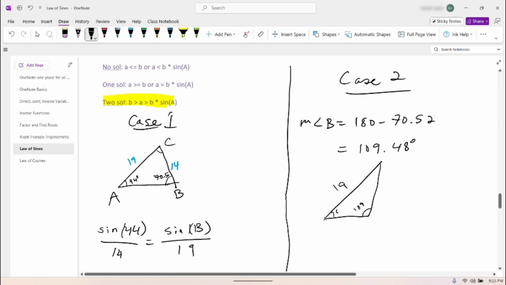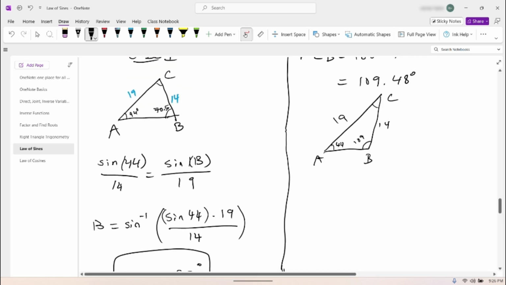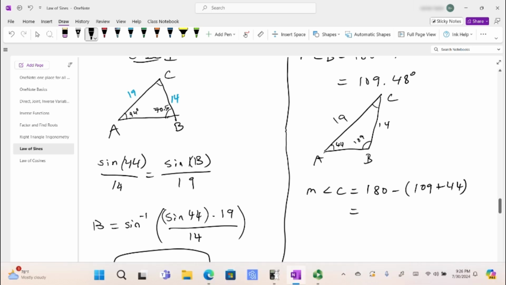So this is A, and then B, C. This is 14. So angle C then is 180 minus 109 plus 44.